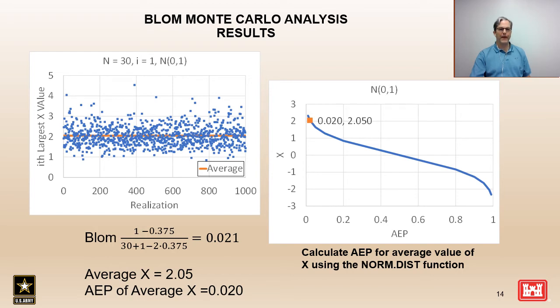So in this example, the average of the x values is equal to 2, and given that we have assumed a normal distribution with a mean of 0 and a standard deviation of 1, the AEP of our average x value is equal to 0.02, which compares well with the result we get using the Blom plotting position formula with a ranking of 1 for the largest event, a sample size of 30, and a value of 0.375 for the A parameter.